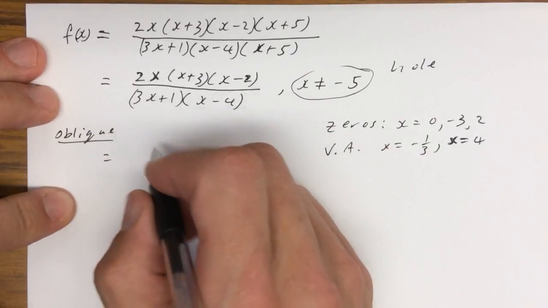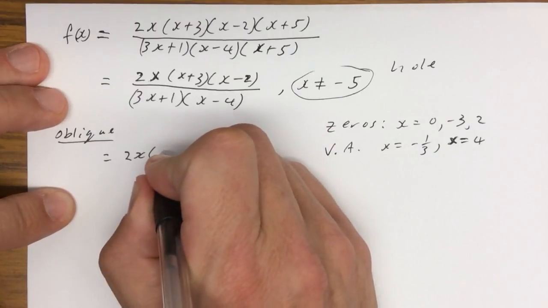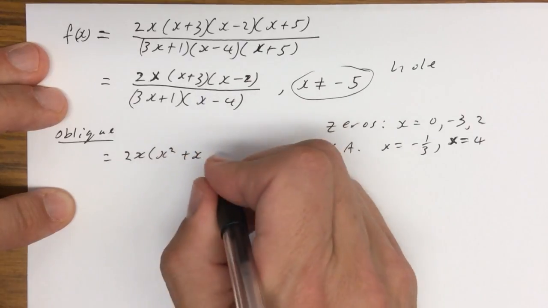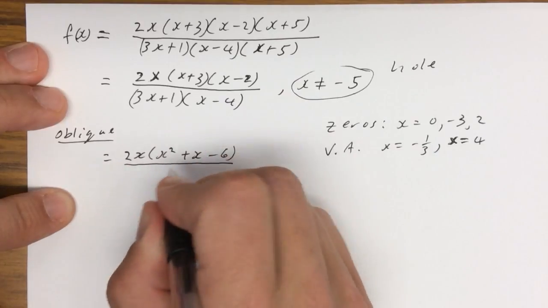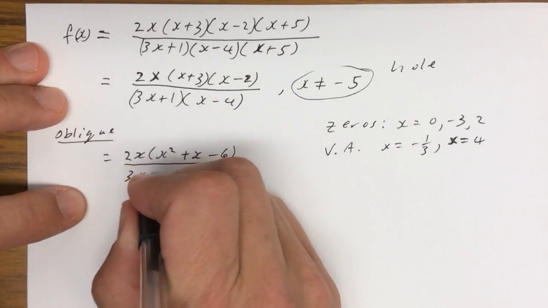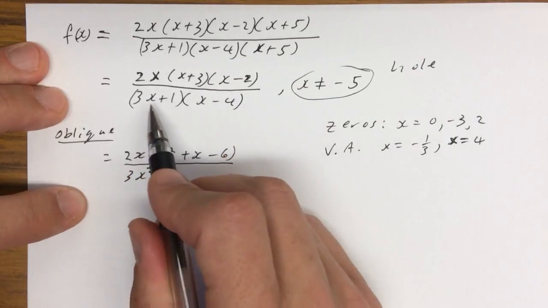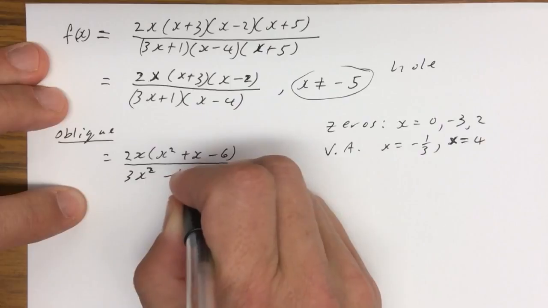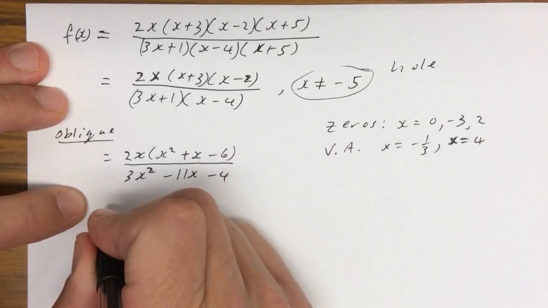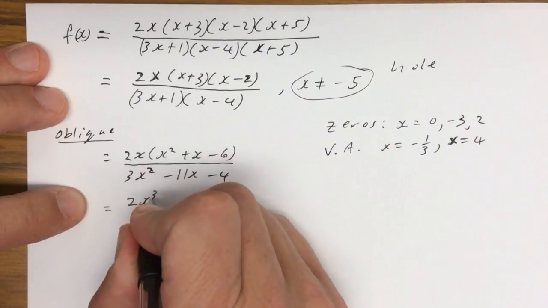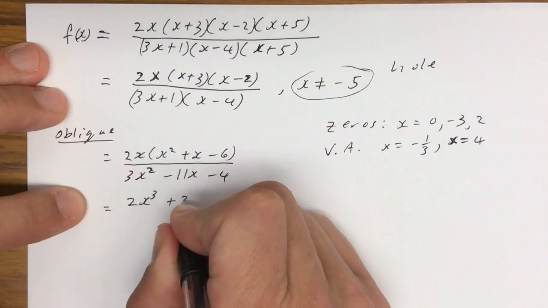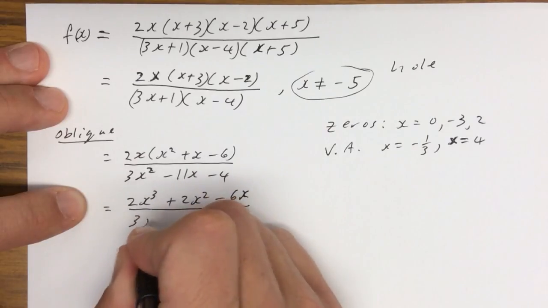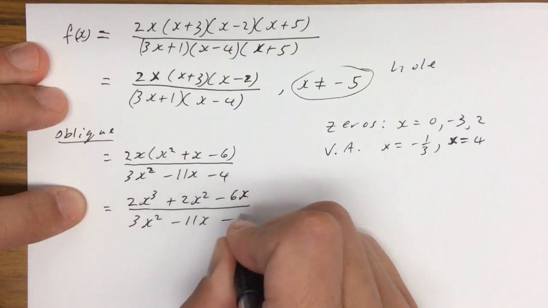Okay, and so we've got 2x times x squared plus 3x minus 2x, so plus x, and then minus 6, all over 3x squared, and then we've got negative 12x plus x, which is going to be negative 11x minus 4, and one more time here, so we're going to get 2x cubed plus 2x squared minus 6x all over 3x squared minus 11x minus 4.